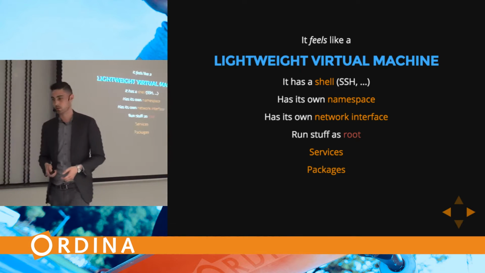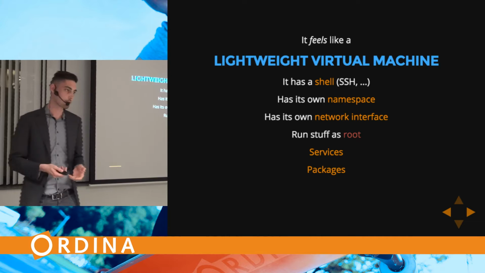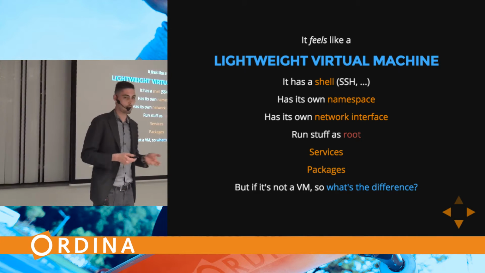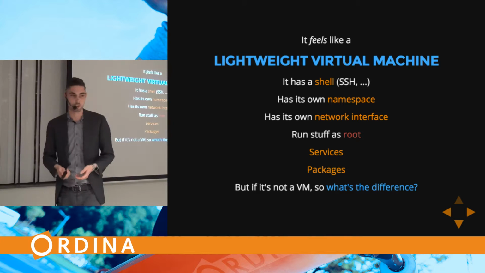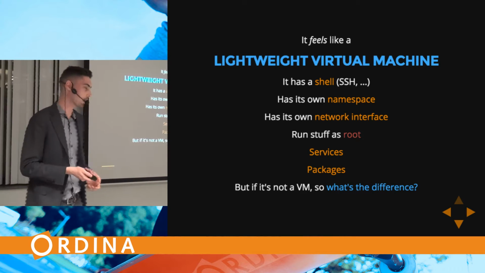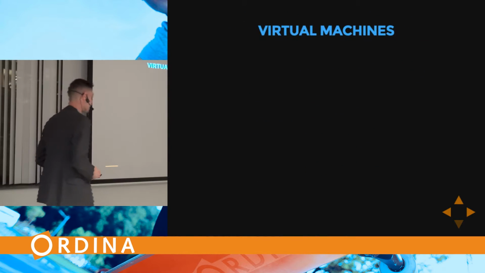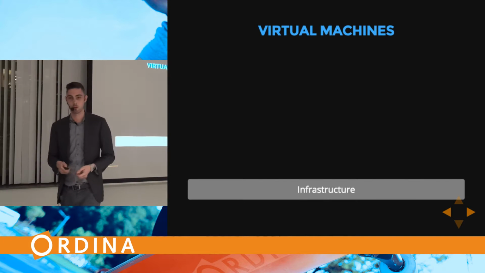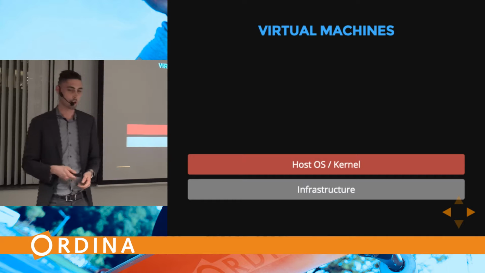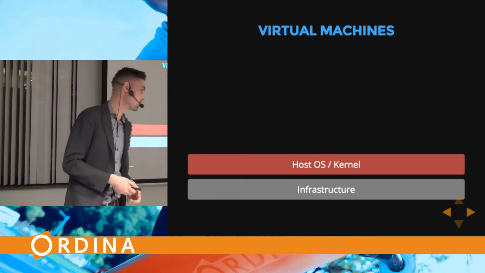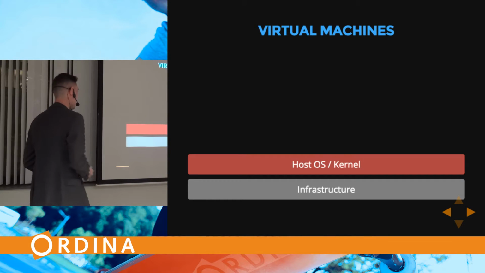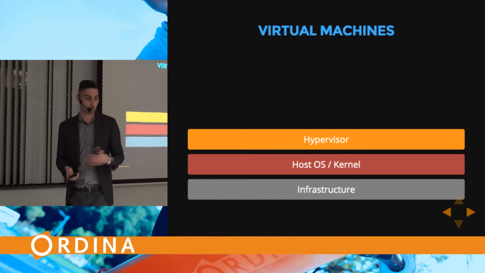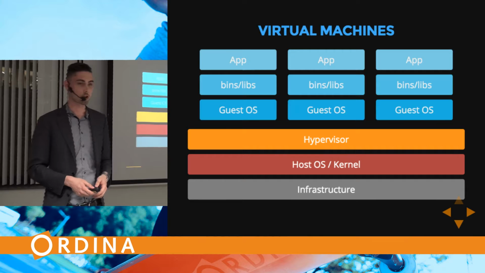So now you may think, okay, what's the difference? How does this compare to a normal virtual machine? If we go back to virtual machines and look at those, you have your infrastructure, and you have your operating system, like Windows Server or Unix, and then you have your hypervisor, like VMware or VirtualBox, that manages all your virtual machines.